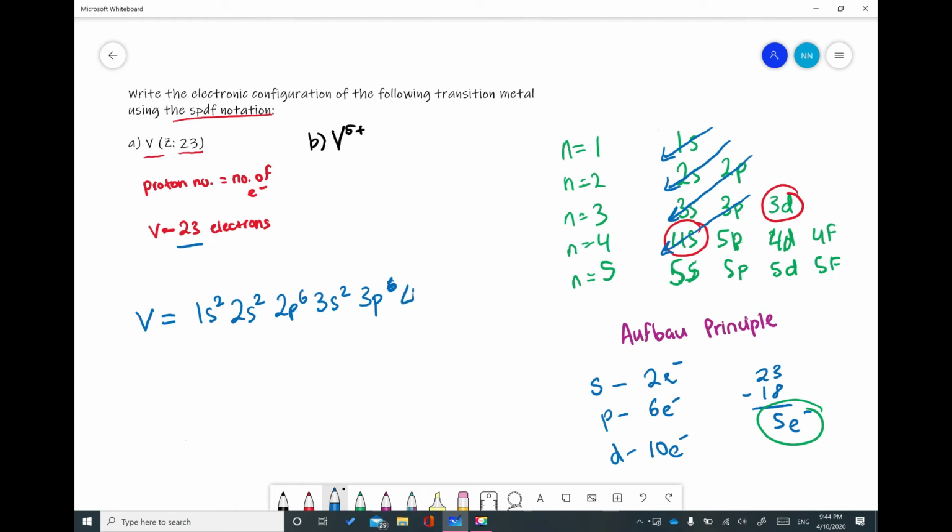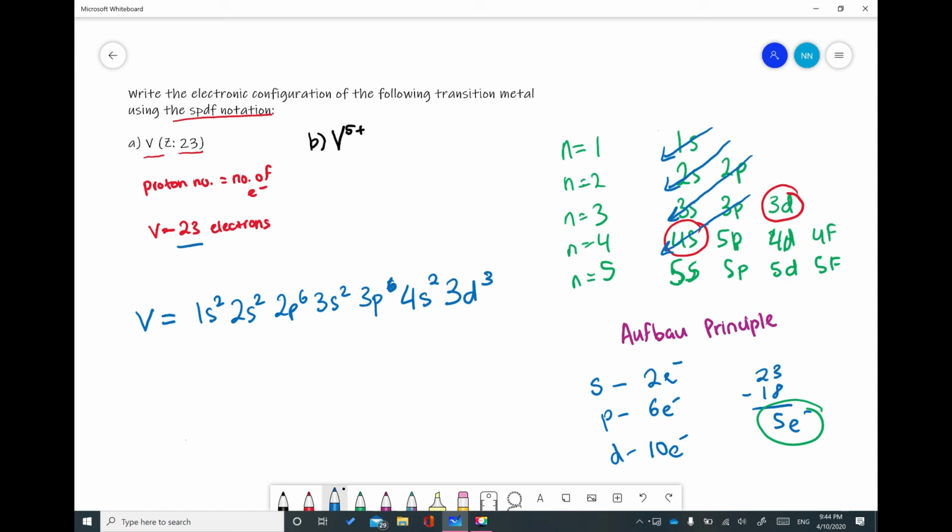So 4s2, and the remaining 3 go into the d orbital, 3d3. Calculate the total again and you see you have 23 electrons. So this is the electronic configuration of vanadium.